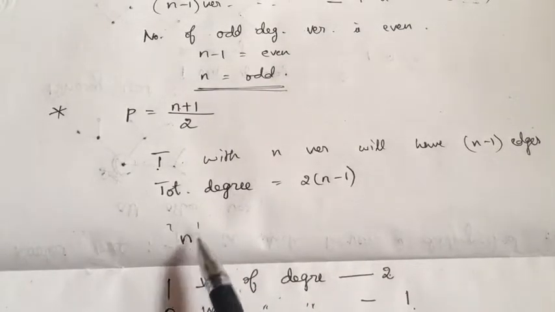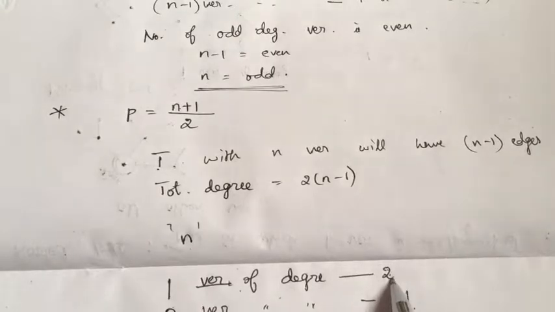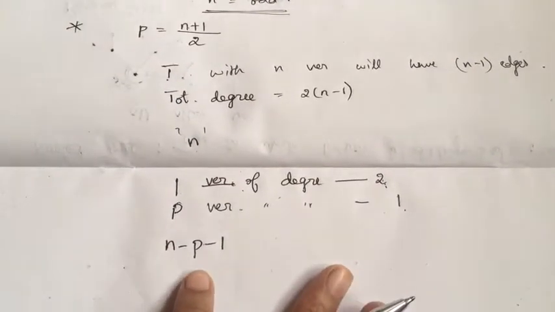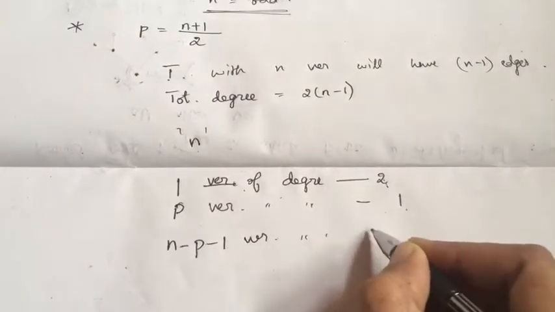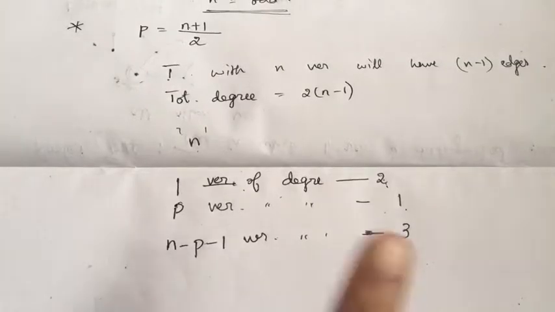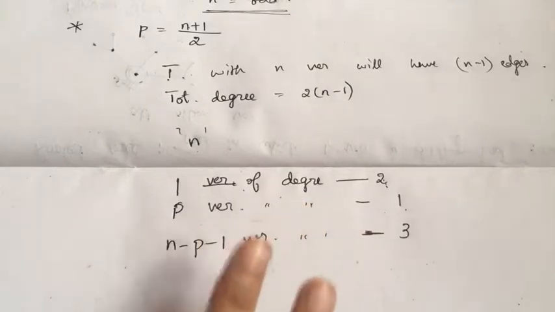Among n vertices, one vertex is of degree 2 because I have considered a binary tree. So one vertex is of degree 2, and the p pendant vertices are of degree 1. The remaining n minus p minus 1 vertices are of degree 3, because we know a binary tree is a tree where one vertex is of degree 2 and the remaining vertices are of degree 1 or 3.